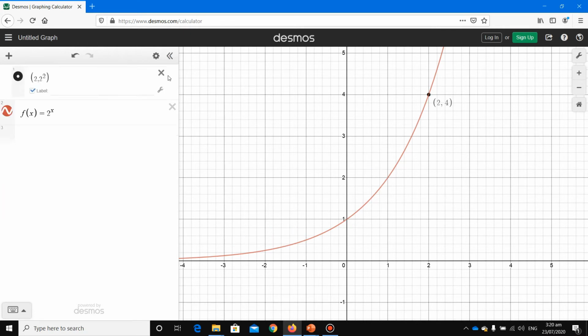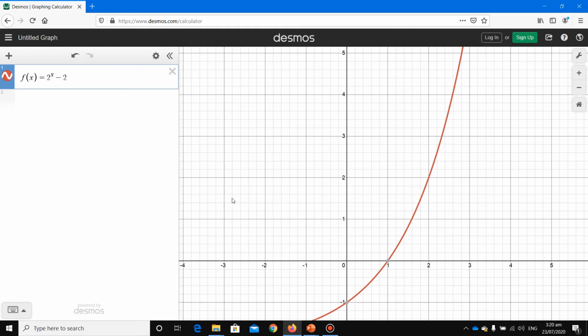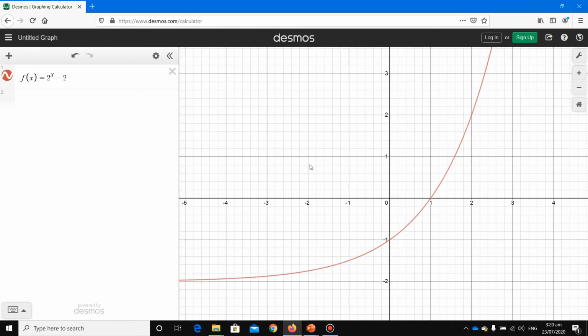Let's say we have f of x equals 2 raised to x minus 2. This is the graph of this function f of x equals 2 raised to x minus 2. These are the following parts of our graph. So we can see here that this graph passes through the y-axis and the x-axis.